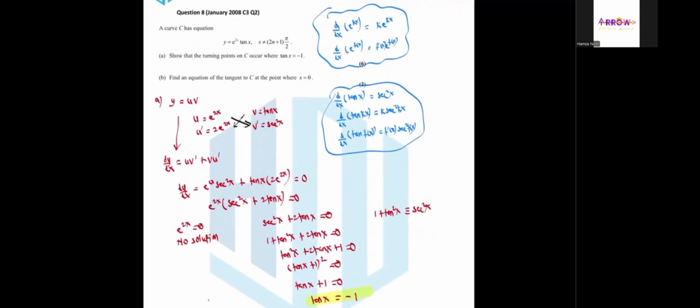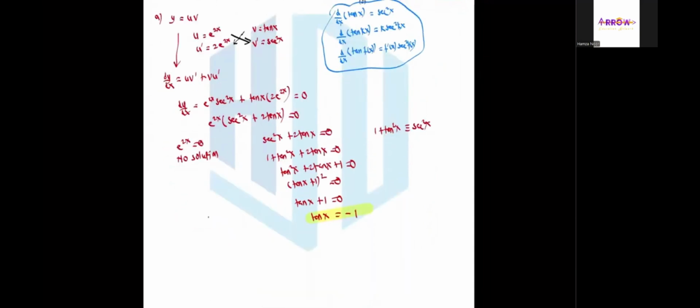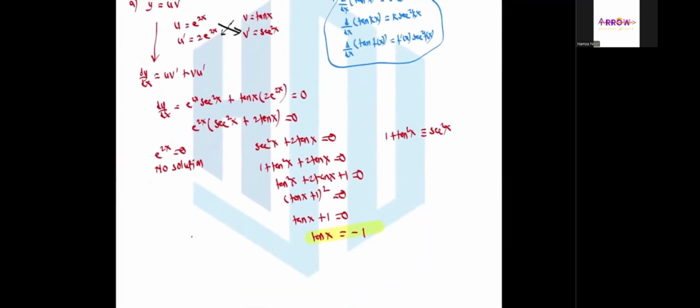The requirement of part B is to find an equation of the tangent to the curve at the point where x is equal to 0. Okay, so we have found the dy over dx function. So we need to find the value of dy over dx at x equal to 0.